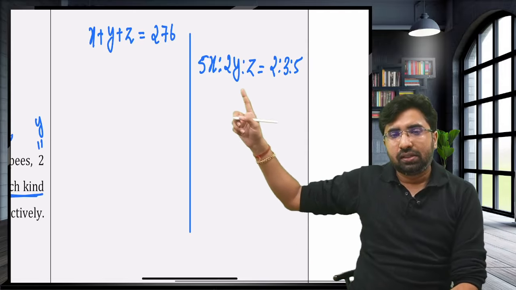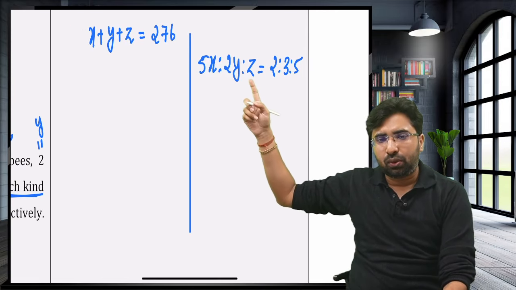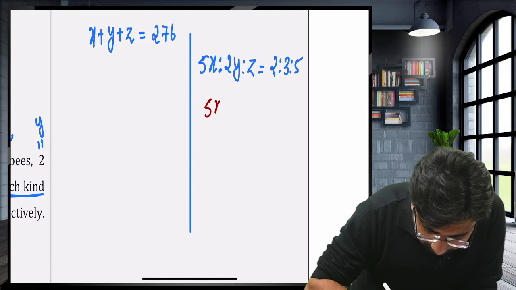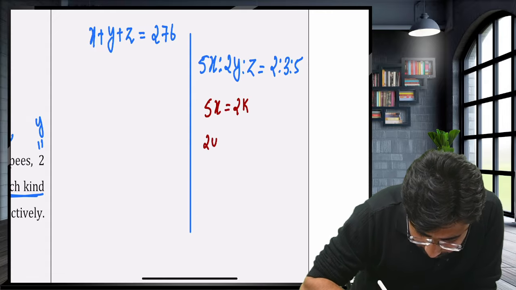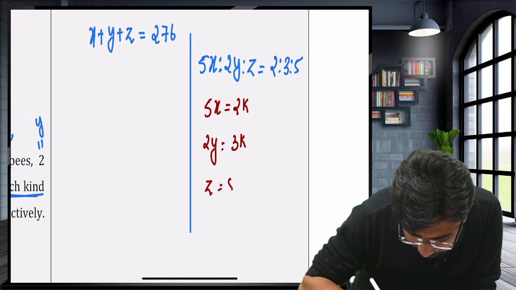This time they have given the values in the ratio. Since this is a ratio, I don't know what is the common factor. Let us say the common factor is k, so 5x is equals to 2k, 2y is equals to 3k, and z is equals to 5k.